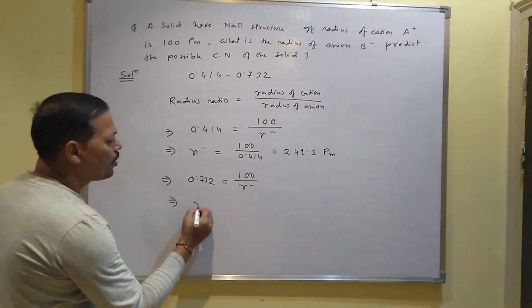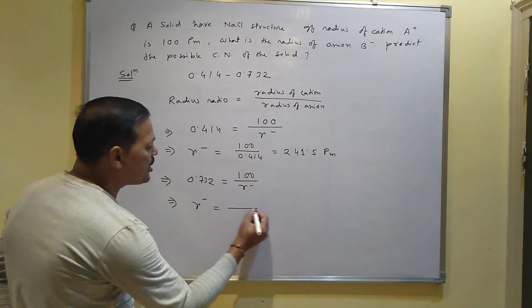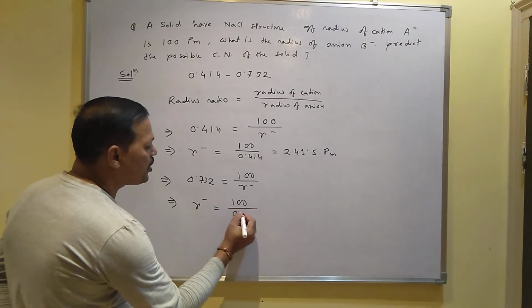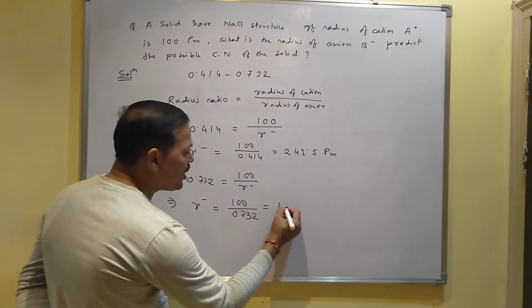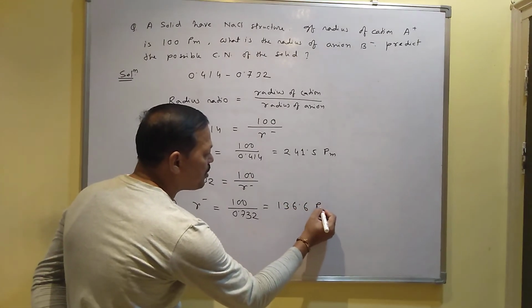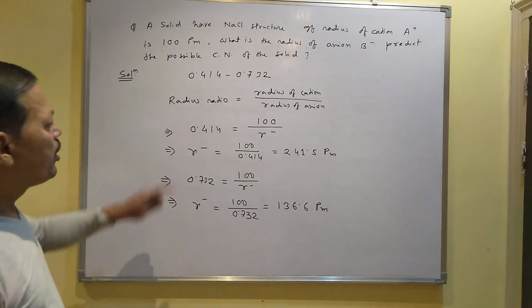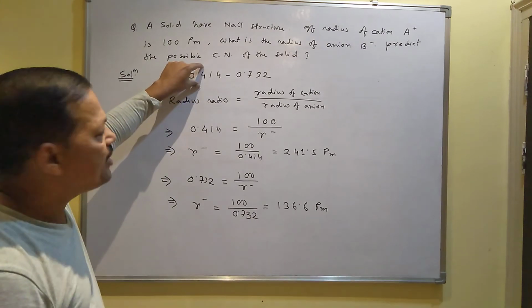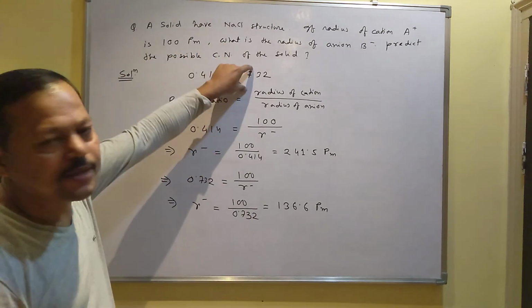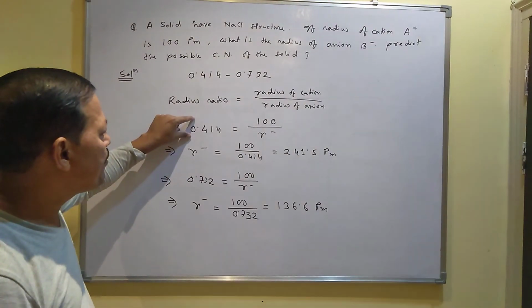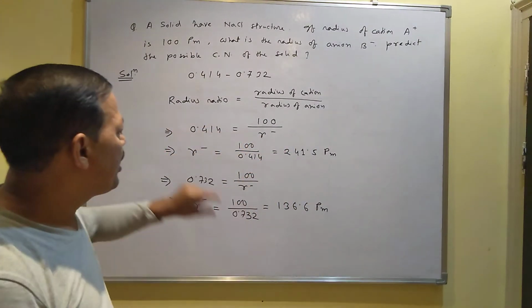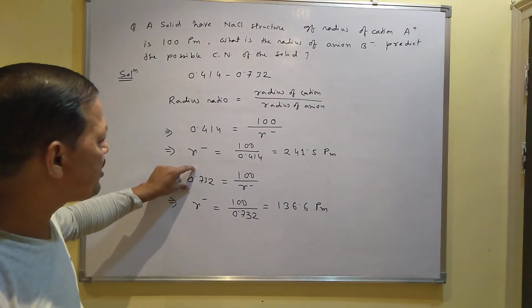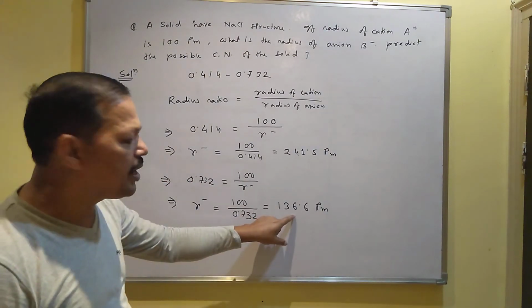So the radius of the anion R minus is equal to 100 by 0.732. That means you will get 136.6 picometer. Here we consider the minimum and the maximum radius ratio. When you consider the minimum, you will get the anion radius 241, and when you consider the maximum radius ratio, you will get the anion radius 136.